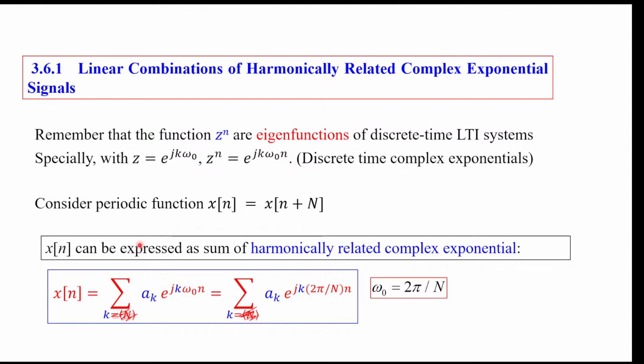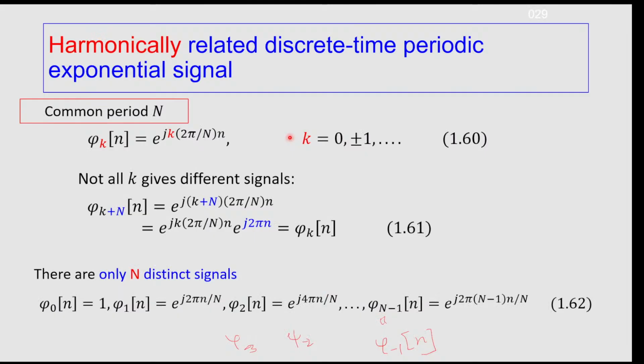For now it's not clear why we want to write z^n, but anyway, we translate z^n back to e^{jkω_0 n}, and we focus on decomposing our signal into this linear combination of e^{jkω_0 n}. Those are the harmonically related discrete-time complex exponentials.